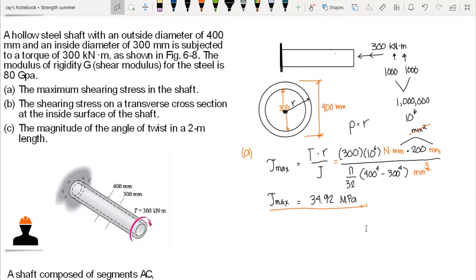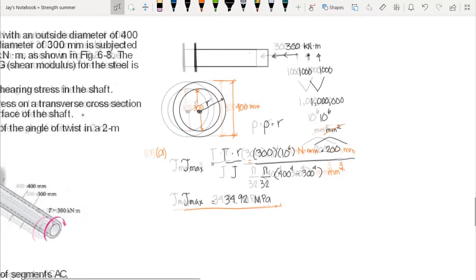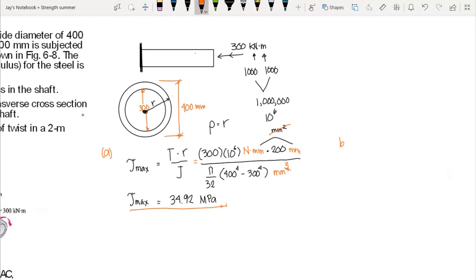Question letter B asks for the shearing stress on a transverse cross-section at the inside surface of the shaft. So we have the stress at this inside surface here.